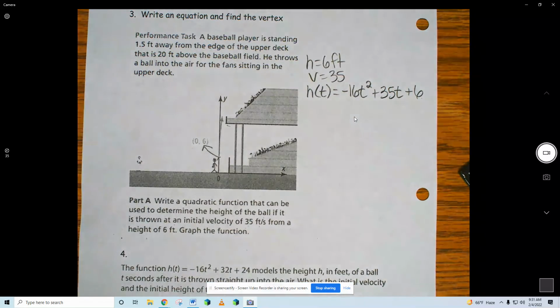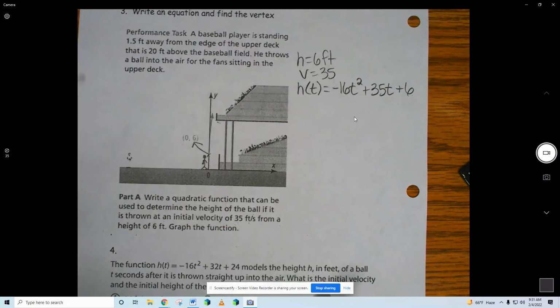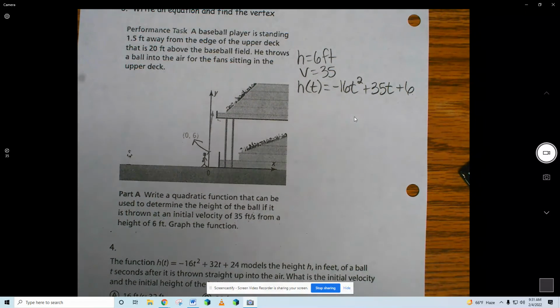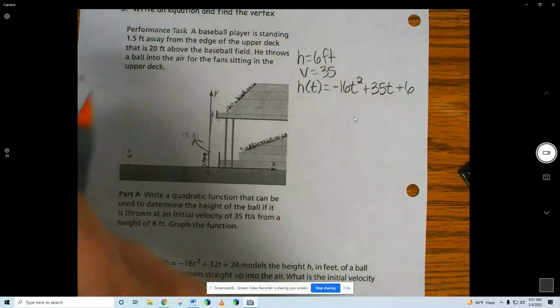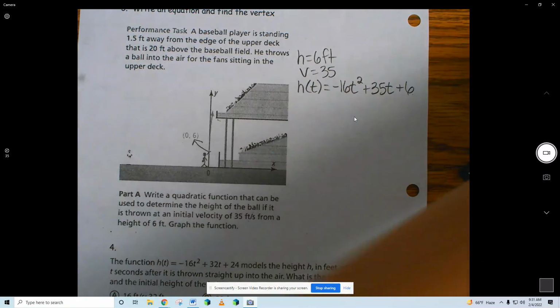Can I show you what this would look like on a graph? Because we haven't ever looked at graphs before. I'll just show you the answer key that I've got here. Okay. Here's this.